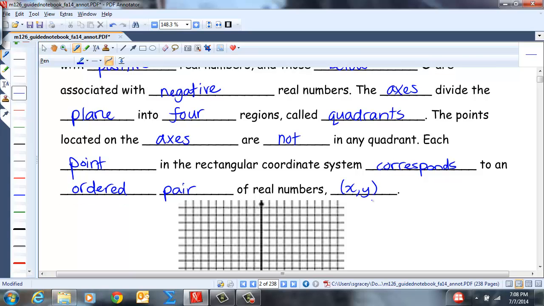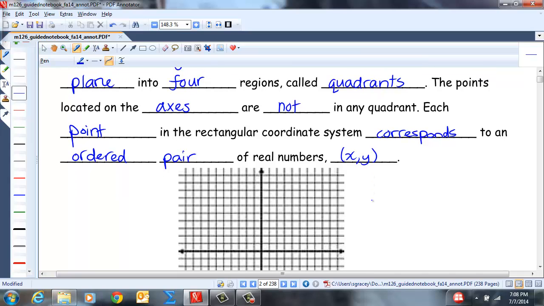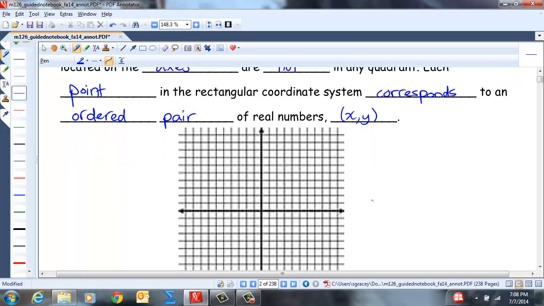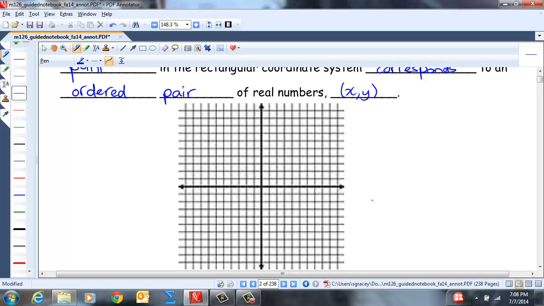Okay, so let's take just kind of a picture of what we saw going on. So this is a coordinate plane, and you can label the axes X and Y. Now, this ordered pair right here is called the origin. So this ordered pair is the ordered pair 0, 0, called the origin.